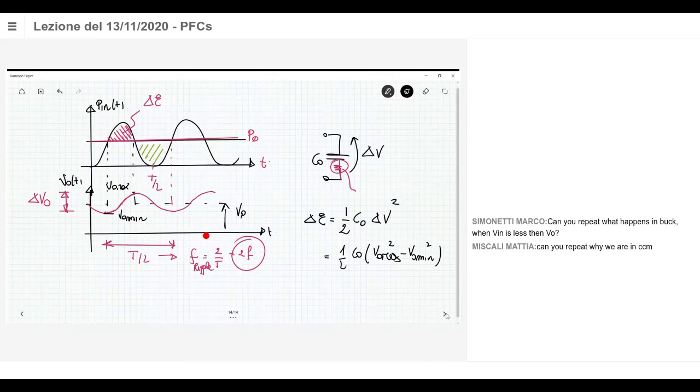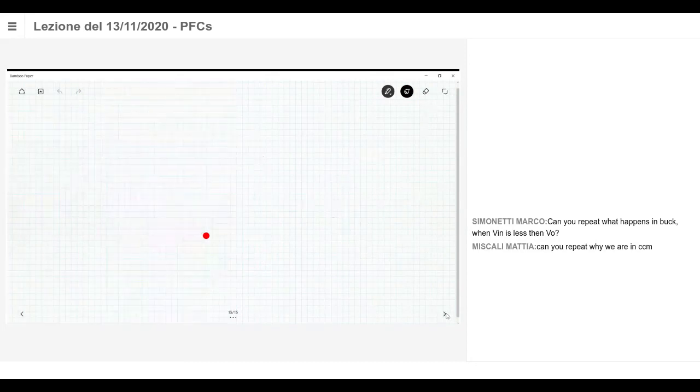There is another way to write the same expression. Delta E is 1/2 C naught (V naught max plus V naught minimum) and (V naught max minus V naught minimum). It's the same expression as before.